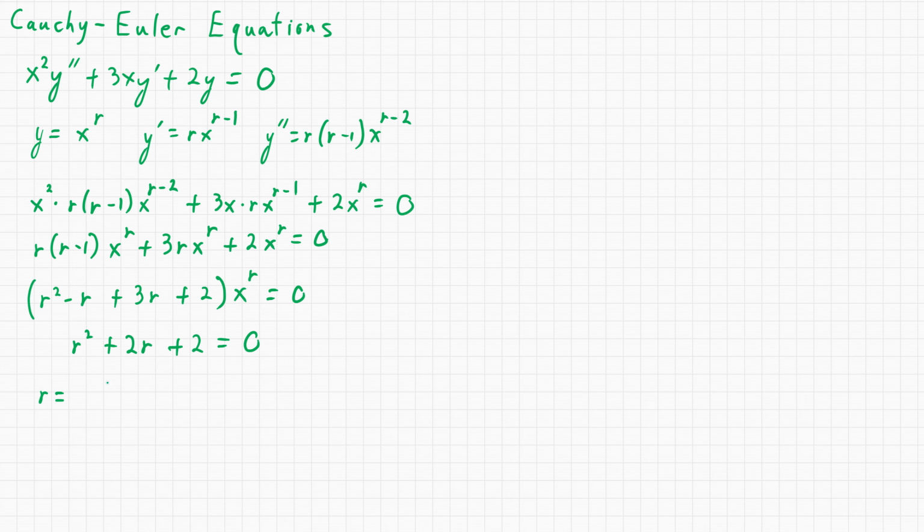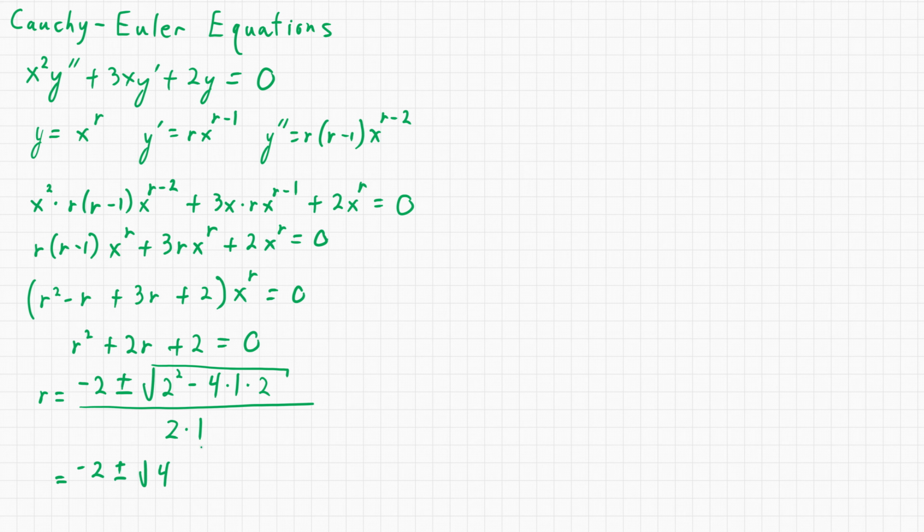So r is equal to negative b, so that's negative 2, plus or minus the square root of b squared, so here I'll put 2 squared, minus 4 times a, which is 1, times c, which is 2, all over 2 times a, which is 1. Now let's simplify that. That's negative 2 plus or minus the square root of 4 minus 8, over 2.